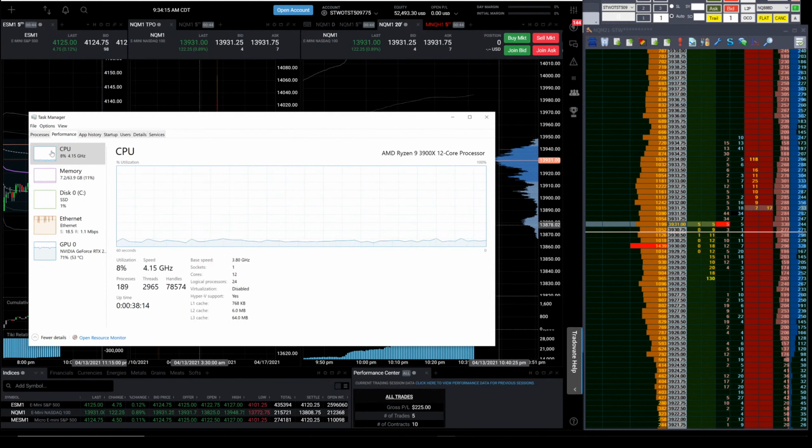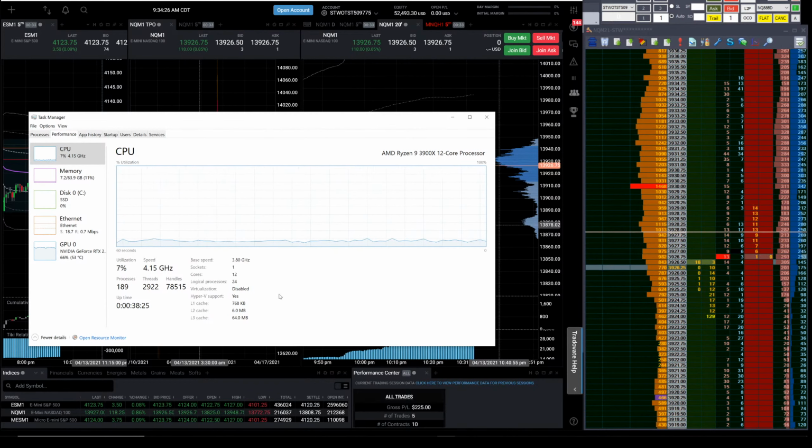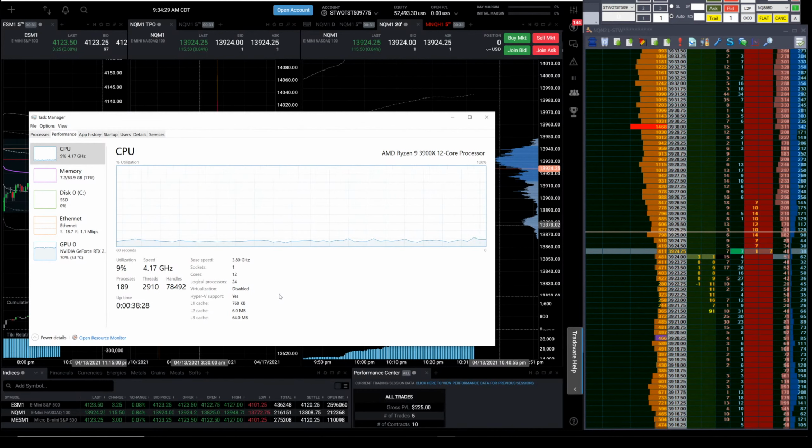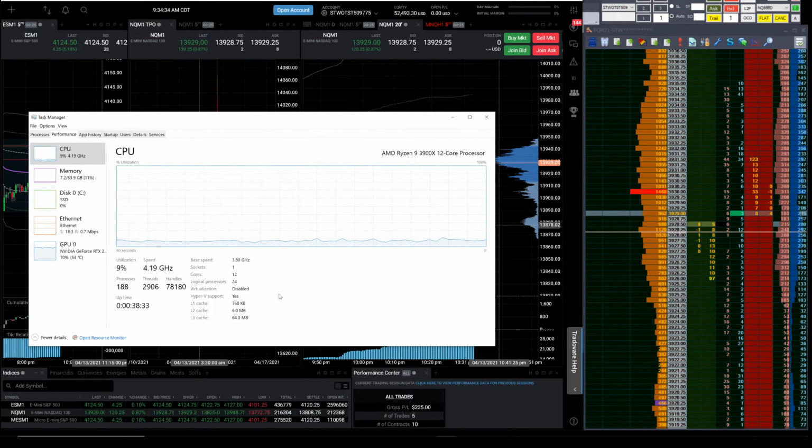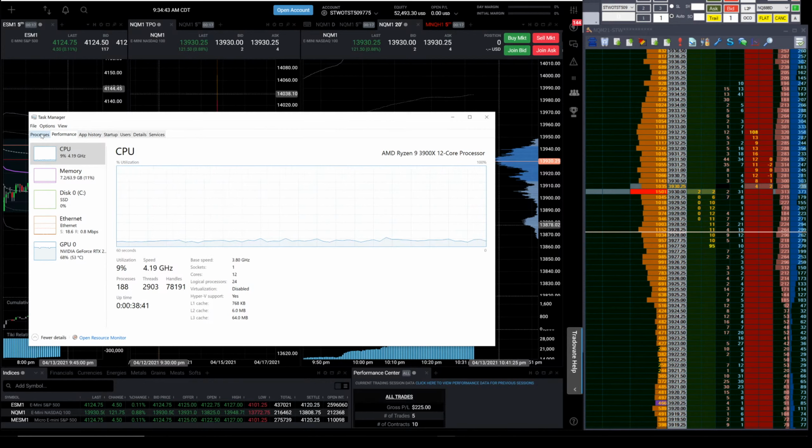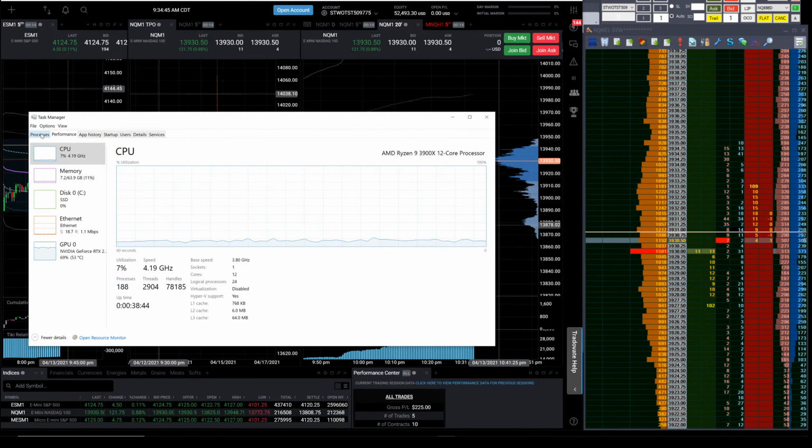We got plenty of resources here. We're not even at 10% utilization of the resources. So that's a good thing. And I have 64 gigs of RAM, so that's never going to be an issue.